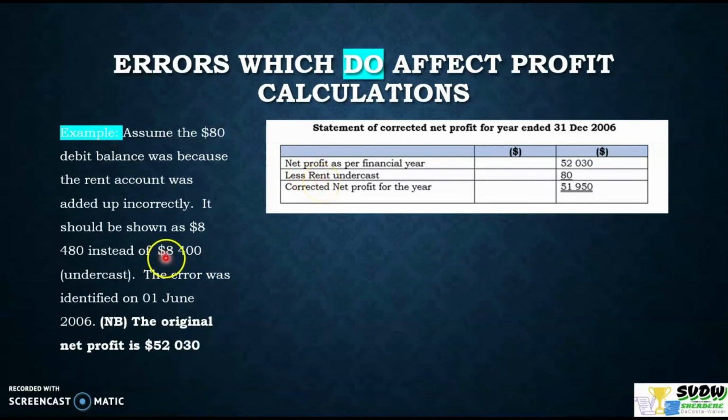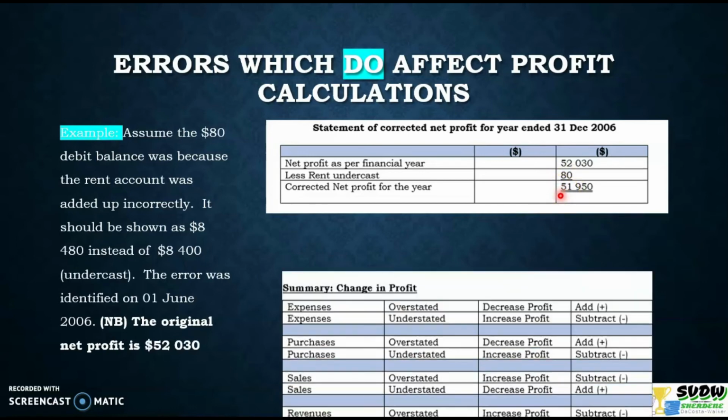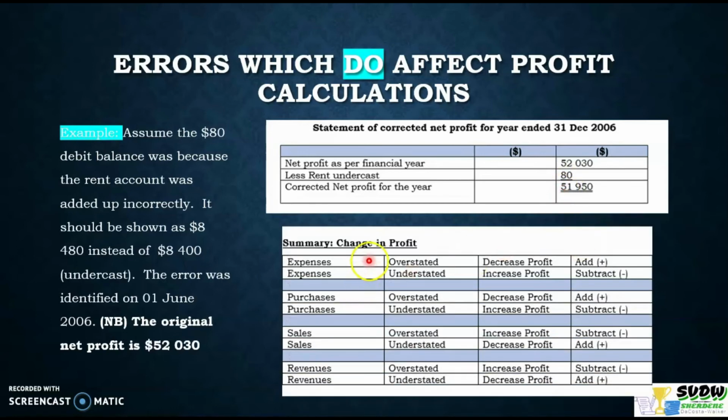So the amount of 8,400 was what we minused from our gross profit. So we'd have to less the $80 that was short by to get the new corrected net profit for the year.